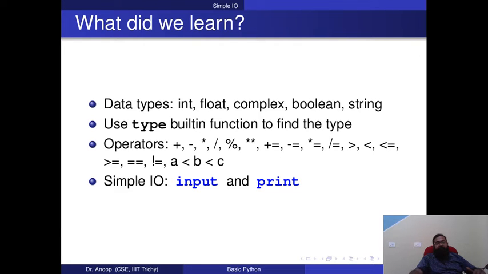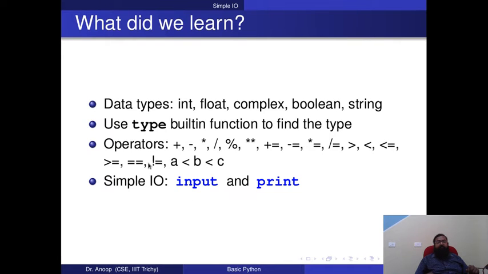Okay, so what all did we learn? We learned about the data types: integer, float, complex, boolean, string, and I also told you about the None type, which is not mentioned over here. Then we used the type built-in function to find the type of the variable that we are working with, because we know that this is a loosely typed programming language where we don't have to mention the type of the data that is going to be stored in the variable a priori.